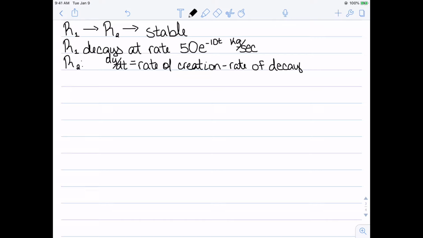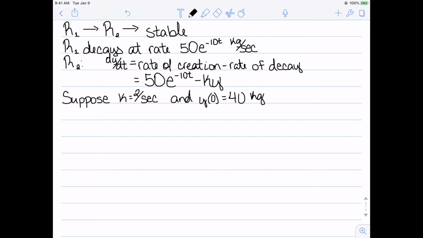We know what the rate of creation is. It's 50 times e to the negative 10t. The rate of decay is proportional to the mass. So minus ky, where k is our decay constant.